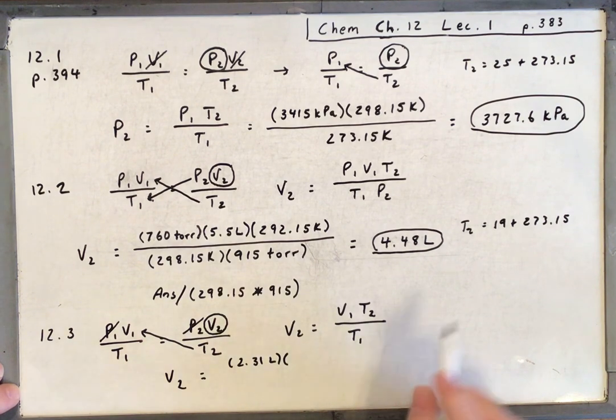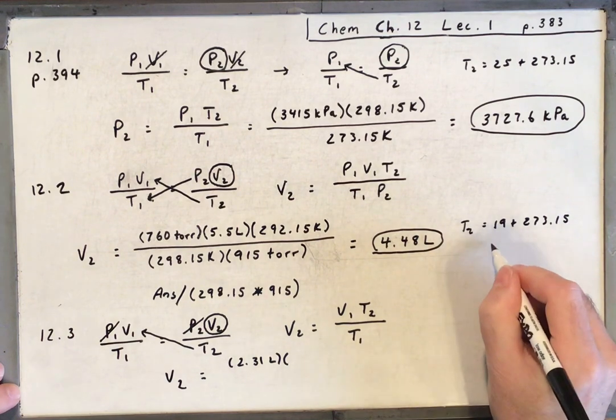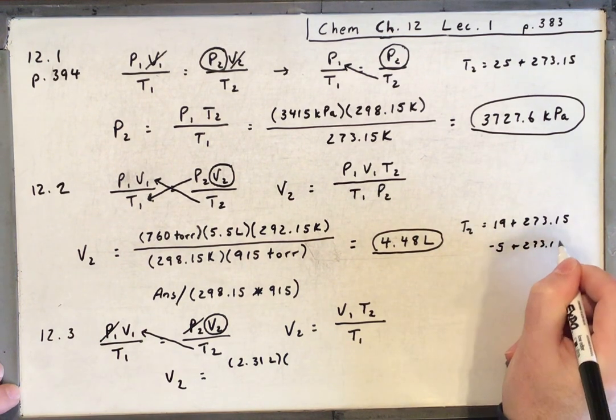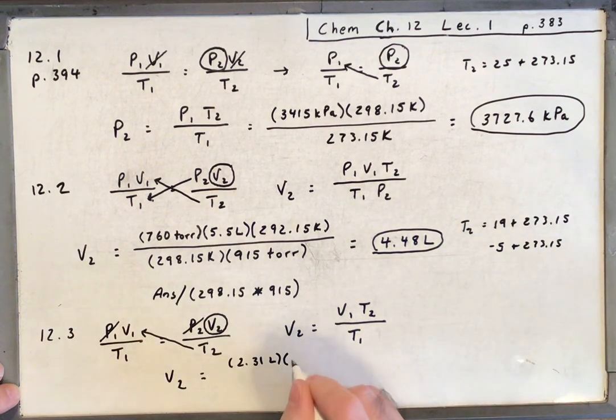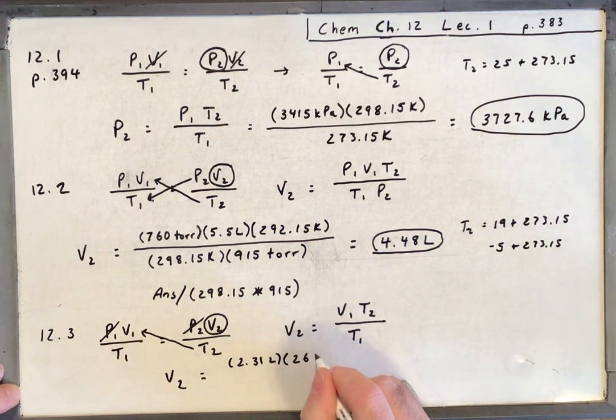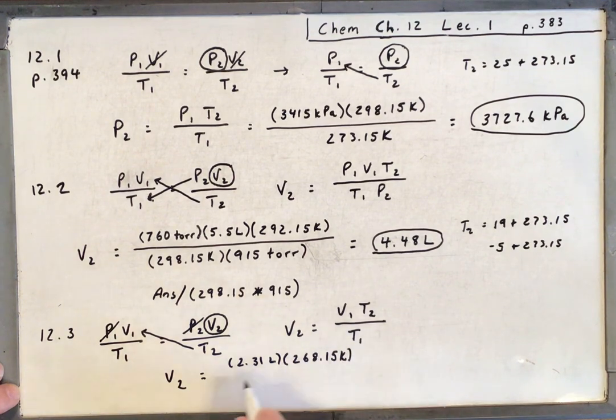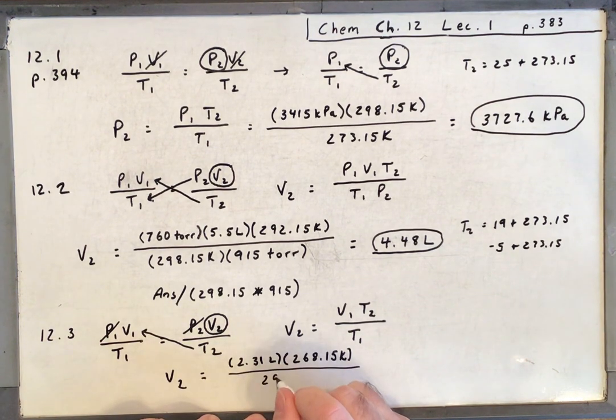So minus 5 plus 273.15 would give you 268.15. And then we're going to divide that by the original temperature, 25 degrees C. That's 298.15.